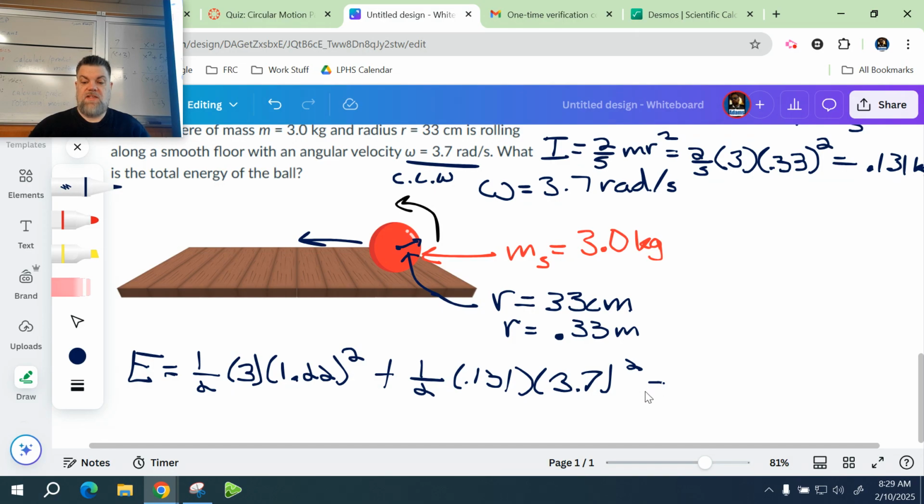And that is equal, if you do that in a calculator, and I'm afraid to do it because I feel like my computer is going to crash any second, 3.13 joules.